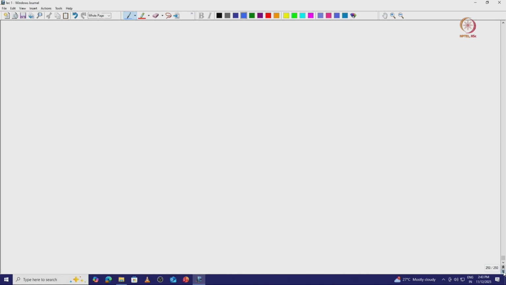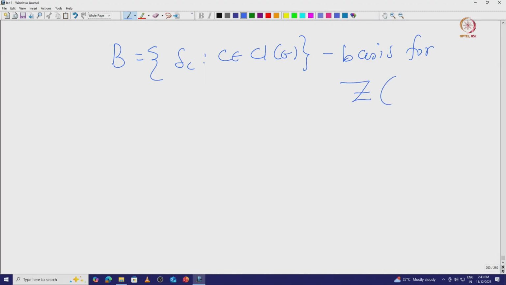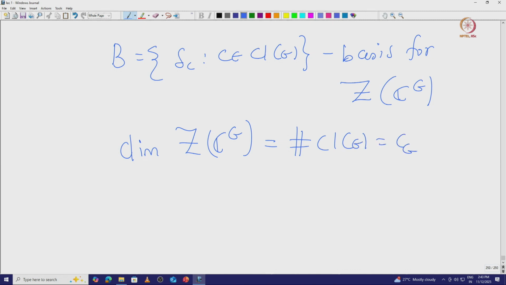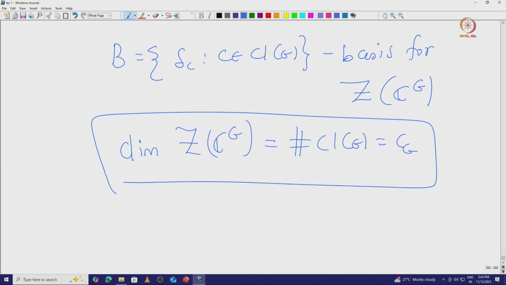So, that proves that this set B, delta C, C in CL of G, is a basis for this space of class functions. As an immediate corollary, we get that the dimension of this space is exactly the number of conjugacy classes. So, that completes the proof.